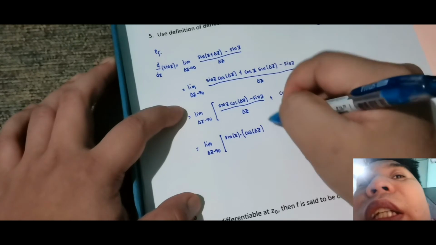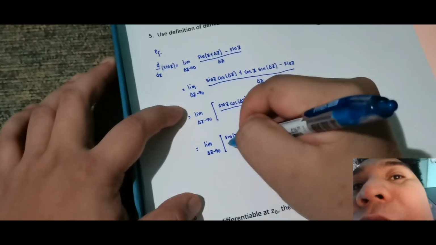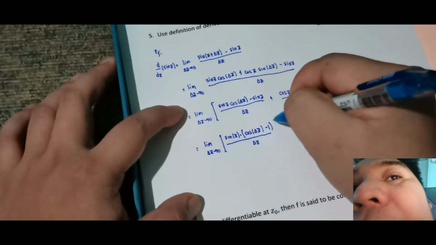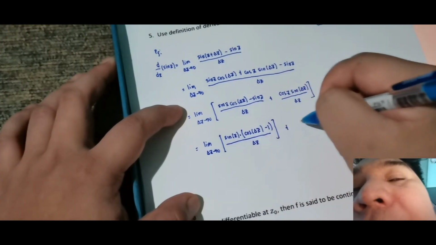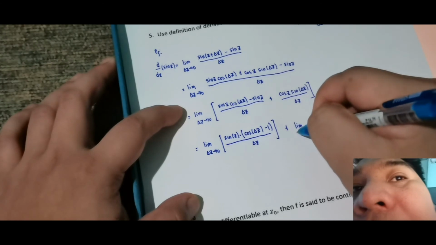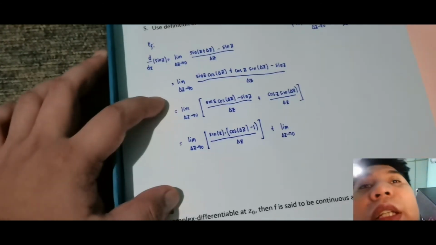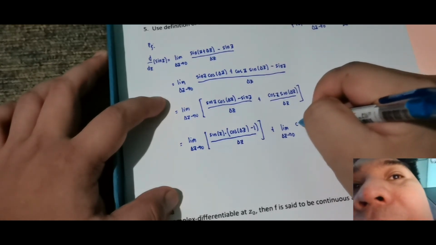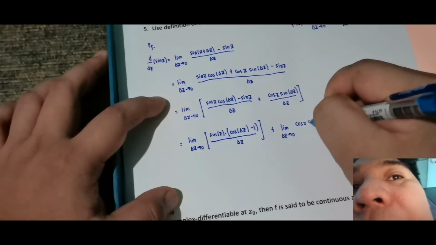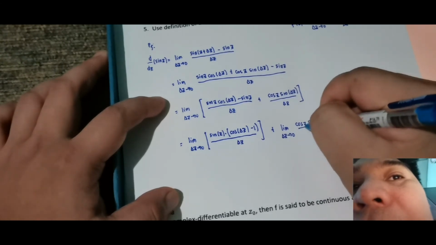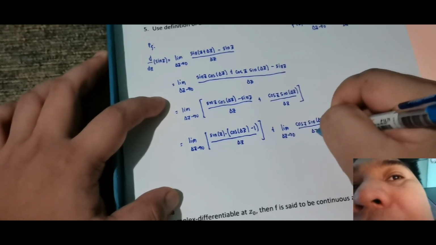So pag finactor yung sine z dito, may matitirang 1, all over delta z. Okay, then plus limit as delta z approaches 0 of cosine z sine delta z all over delta z.